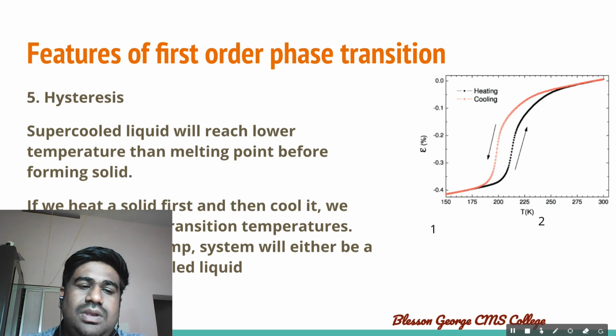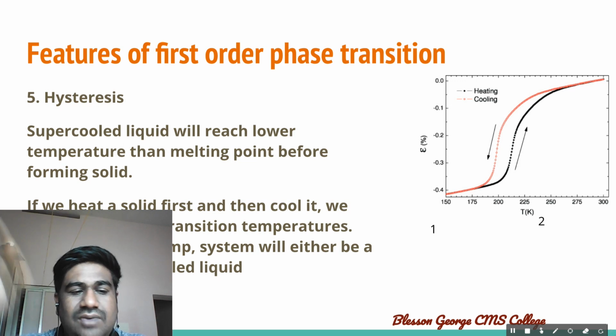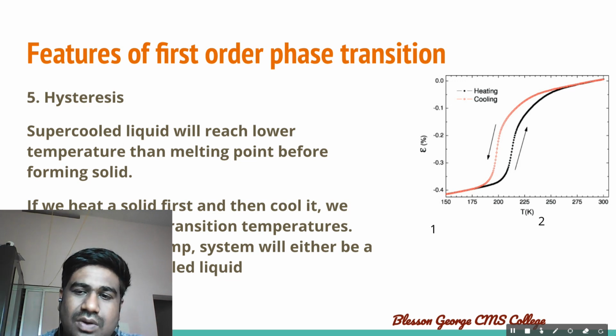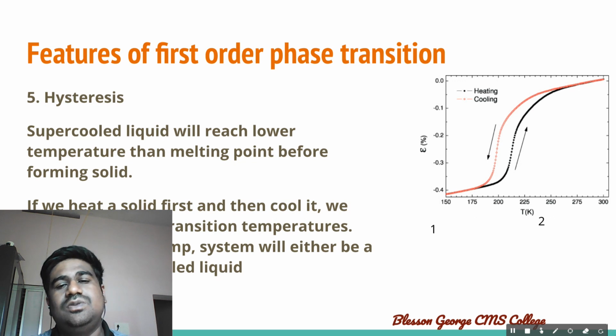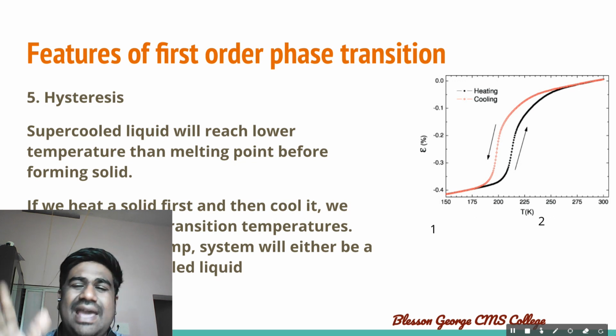Or think of it this way: consider a cycle. We first heat it, cross the transition temperature and go to the liquid phase, and then we cool it back. It becomes solid at a different temperature. Or, considering a particular temperature, the system will either be in a solid state or a supercooled state.